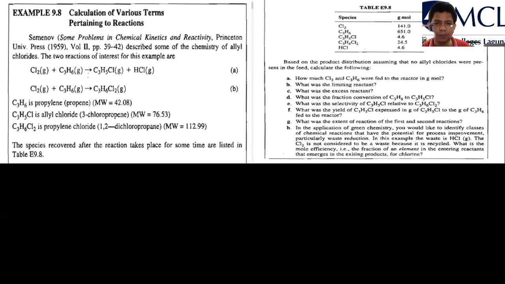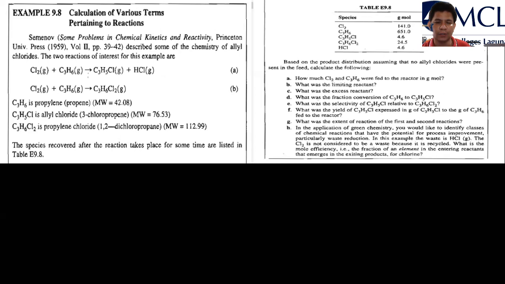So based on the product distribution, assuming that no allyl chlorides were present in the feed, calculate the following. The letter A, how much Cl2 and C3H6 were fed to the reactor in gram mole? So basically, for letter A, you're just going to add the remaining chlorine gas, the number of moles of chlorine gas still present, and the number of moles of C3H6Cl2, that is your propylene chloride, plus the number of moles of allyl chloride.